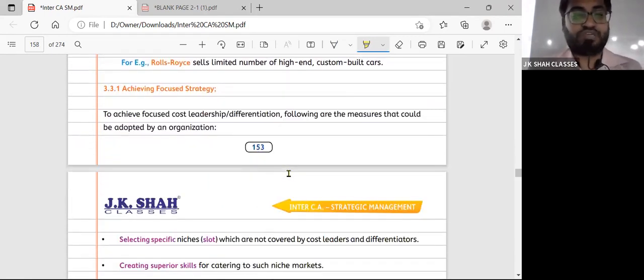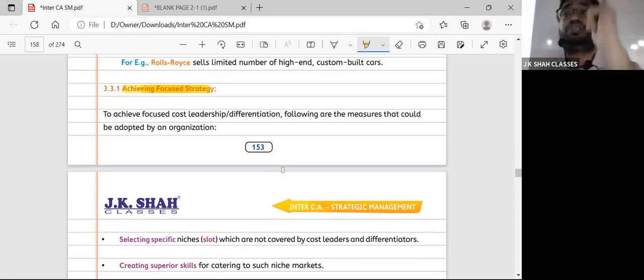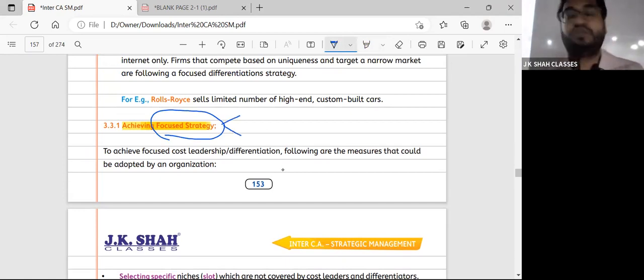So how to achieve focus strategy? 4 points. Now here students make mistake. It is written focus strategy, means we will talk about both focused cost leadership also and focused differentiation also.